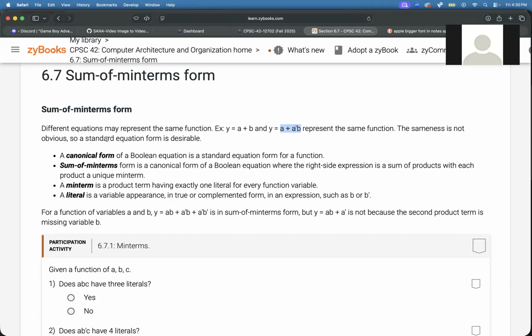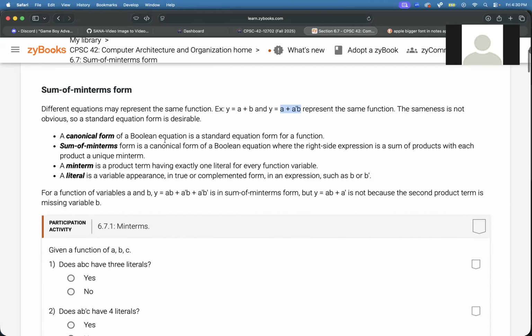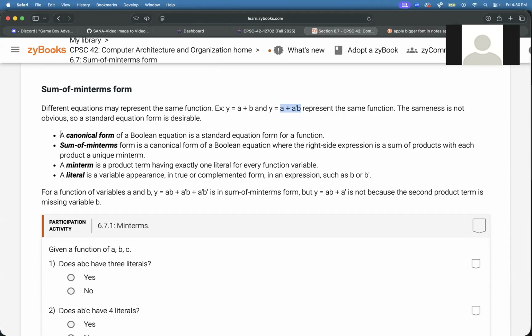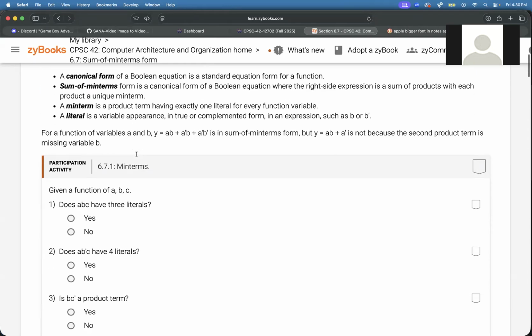Sameness is not obvious, so a standard equation is desirable. A canonical form of a Boolean expression is a standard equation. Sum of min terms form is canonical form. The right-hand expression is a sum of products, with each product a unique min term.